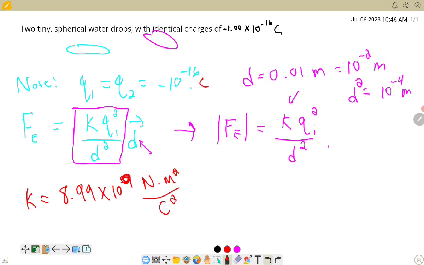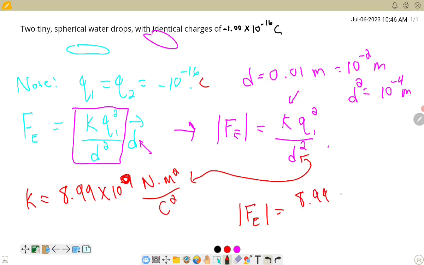And again, I'm going to emphasize this: we have the k in terms of meters, which is why we converted the d to meters. That's the only way to make those units match up. So now we can write out all of the terms here for the magnitude of the electrostatic force.